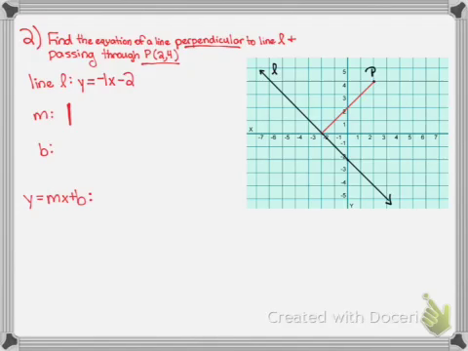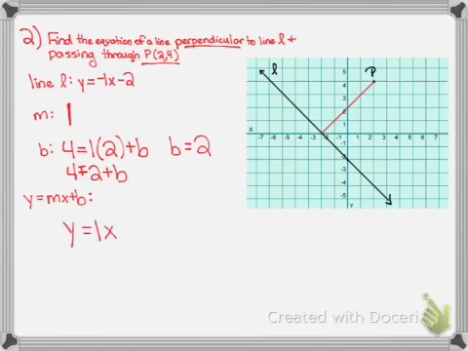If I plug in the point (2, 4), I get 4 equals 1 times my x, which is 2, plus b. So that's 4 equals 2 plus b. So our y-intercept here is 2. So the final equation of our line perpendicular to line L is y equals 1x plus 2. So that is the end of step 2.